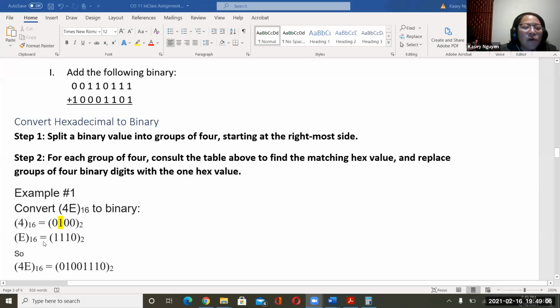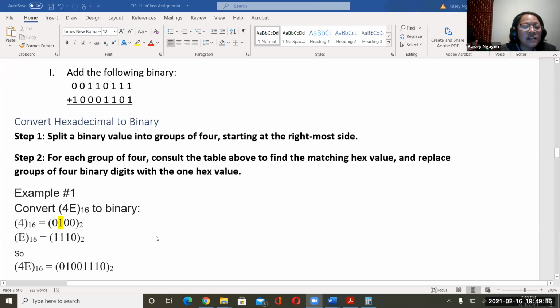For E, you have A is 10, 11 is B, 12 is C. Professor, the screen isn't on. Oh, I'm sorry. So if A is 10, 11 is B, C is 12, D is 13, and E is 14.